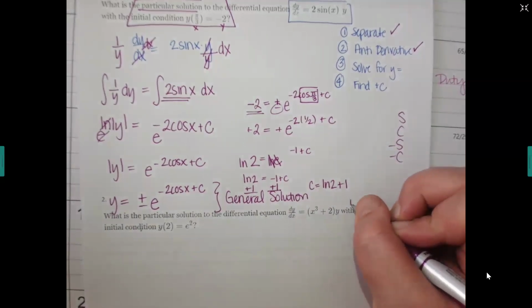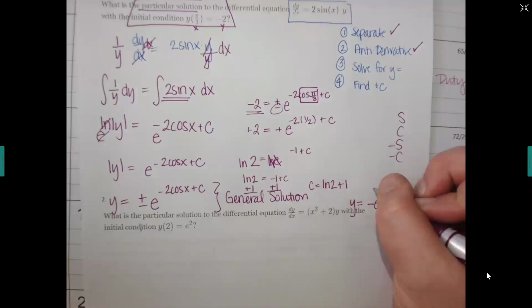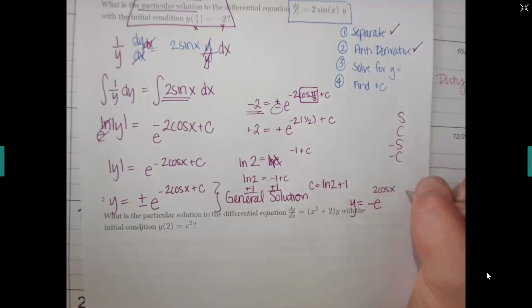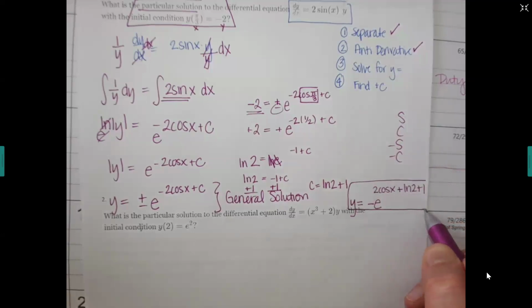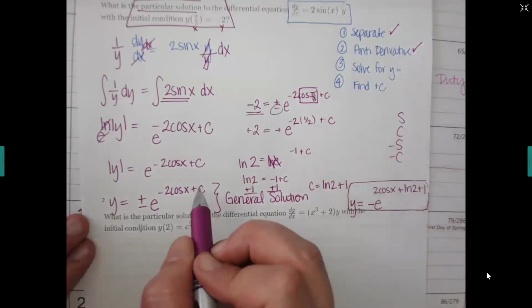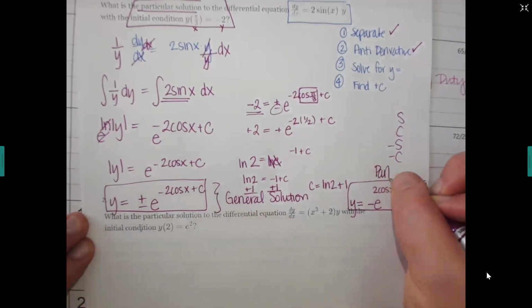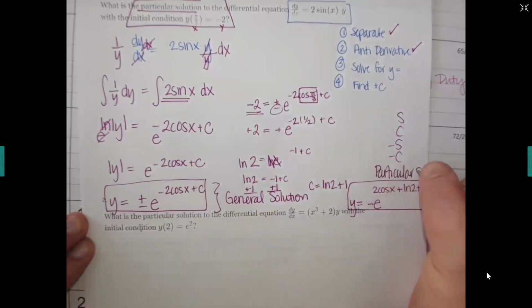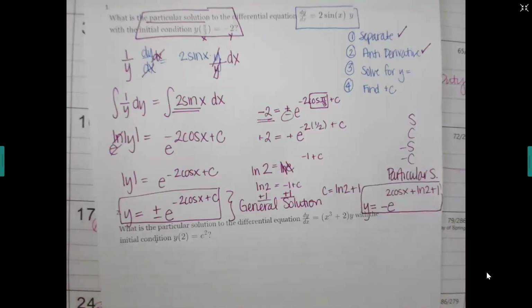It's going to be y equals, we chose the negative in the front, 2 cosine x plus ln 2 plus 1. And that would be your particular solution.